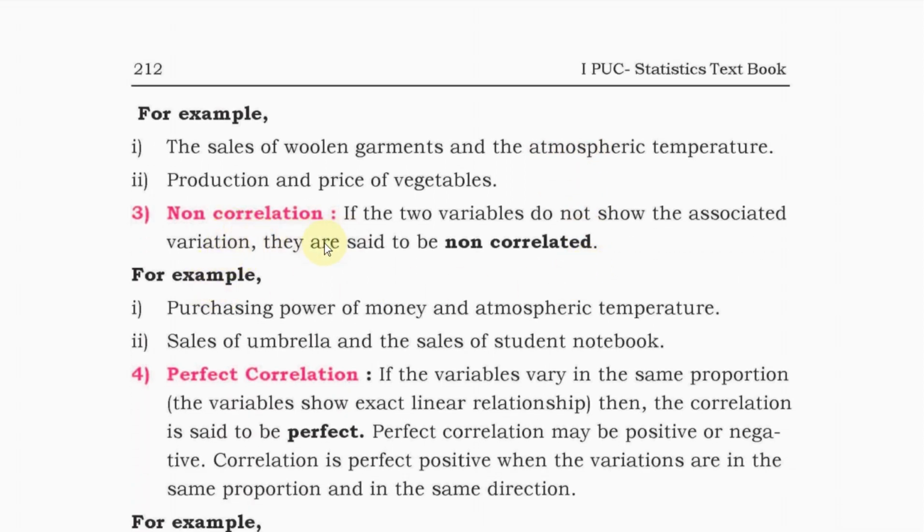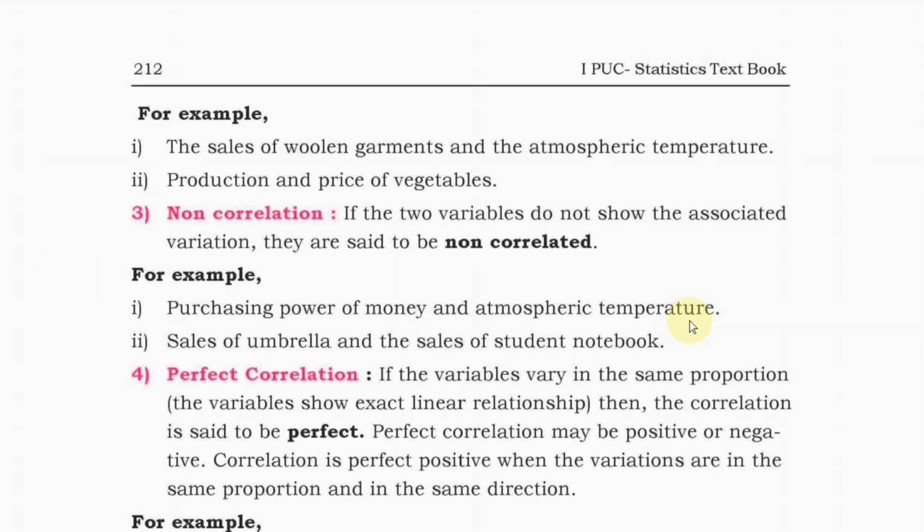Next, the third one is non-correlation. If two variables do not show associated variation, they are said to be non-correlated. Like we saw in the previous example, the population of two countries is non-correlated. Although they change in their own respective ways, still they are not related to each other. Or the two examples given here: purchasing power of money and atmospheric temperature.